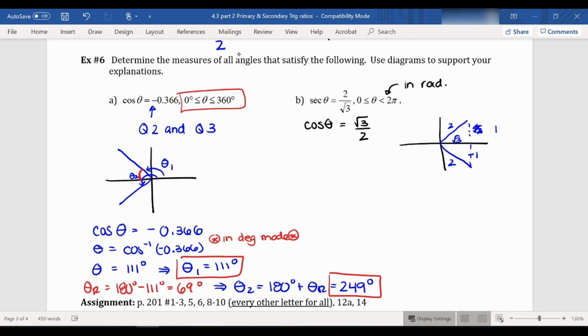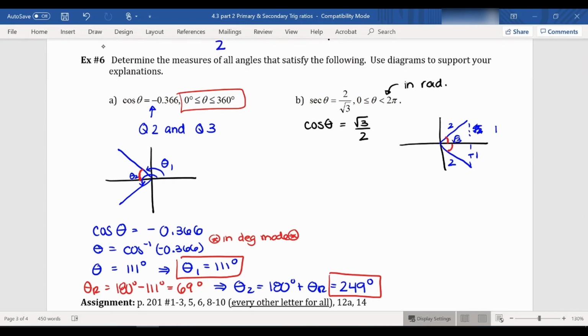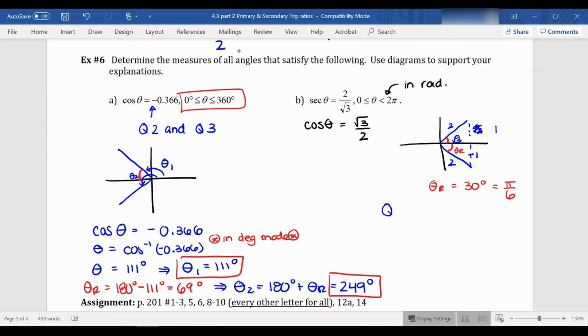Now I know that I have a reference angle in these corners here that I should know from my special triangle. Our reference angle would be 30 degrees or pi over 6. We want to use the pi over 6 because of the domain given to us in the question. So in Q1, our theta is just equal to pi over 6.